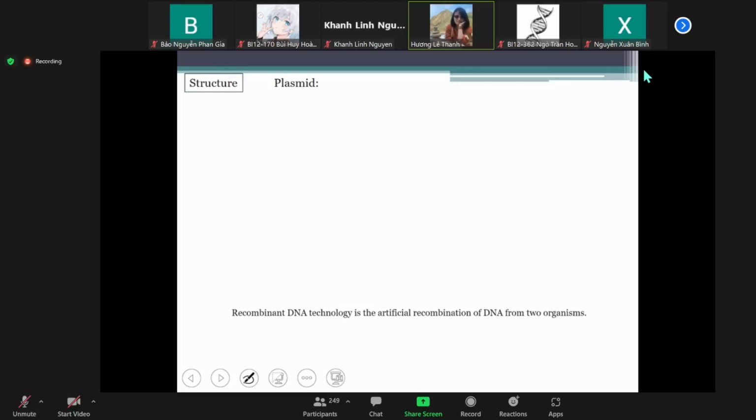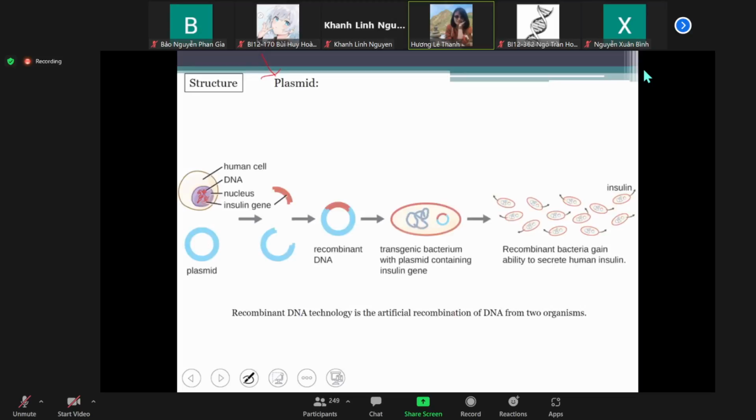So when they found out the function of plasmids, we had another way to produce insulin industrially. First, we have a plasmid from bacteria, and in this way we use E. coli, a very famous bacteria.